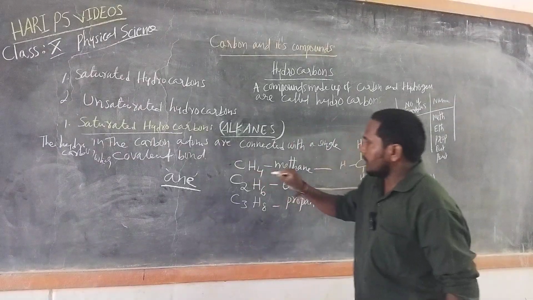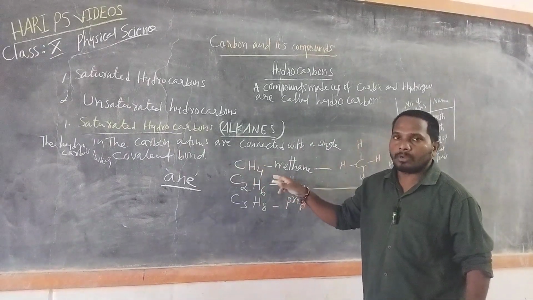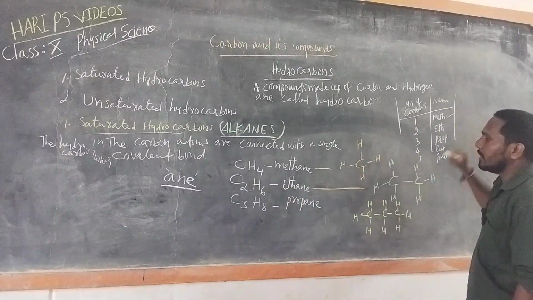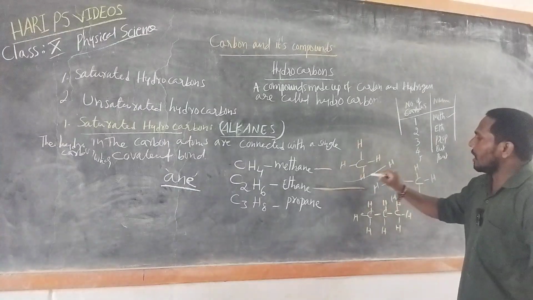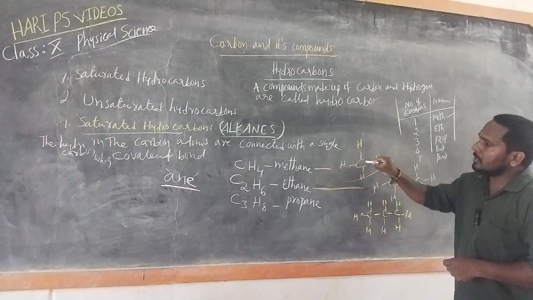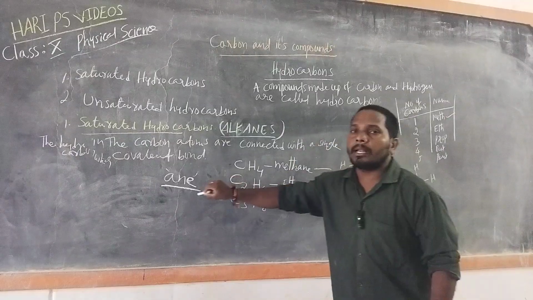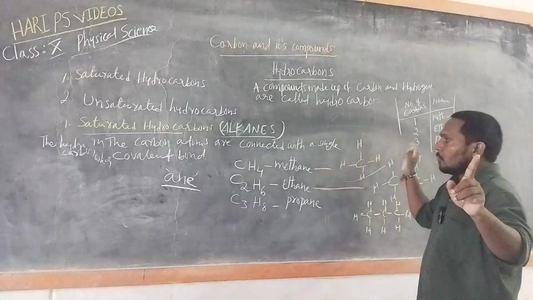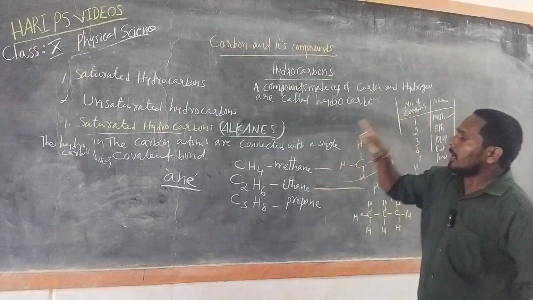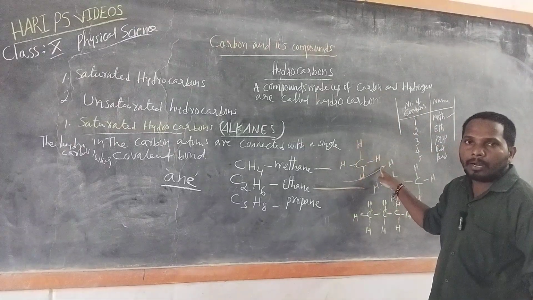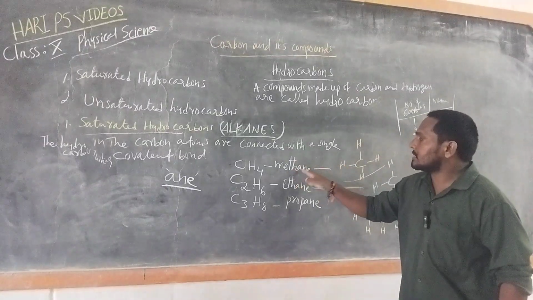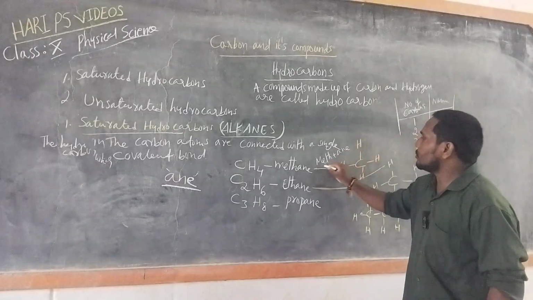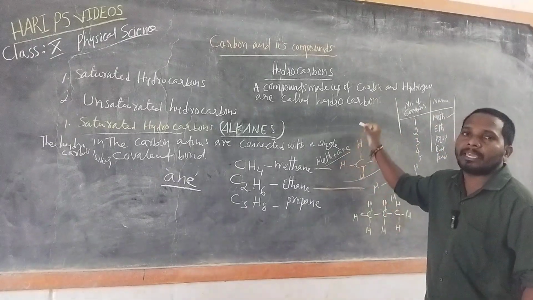So methane, for example, the first one CH4, has only one carbon, so we call it meth. Whenever we observe the structure with all single bonds, we end the name of the compound with ane. One carbon, meth, all single bonds, so meth plus ane together we call methane.